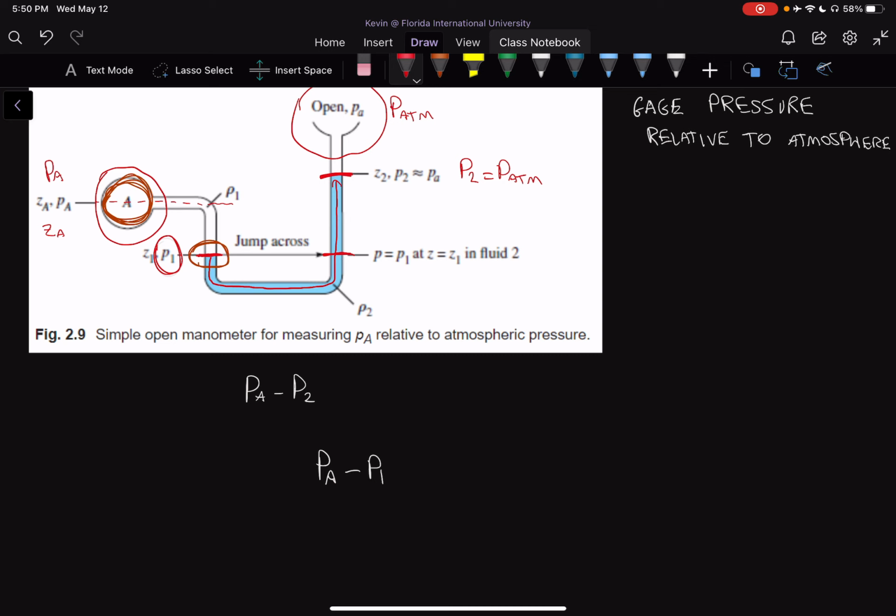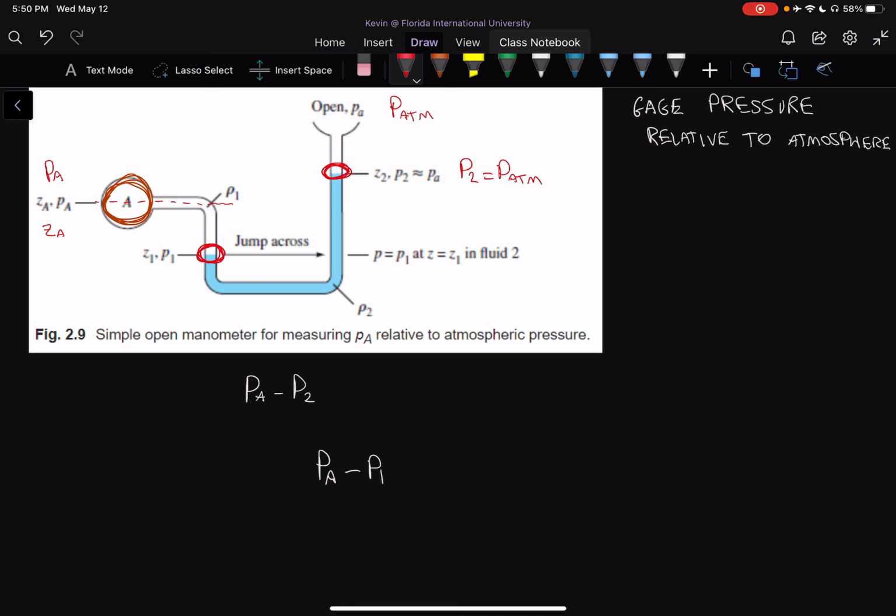So the next step is to find the difference in pressure between this point here and this point here, where the pressure atmospheric is.